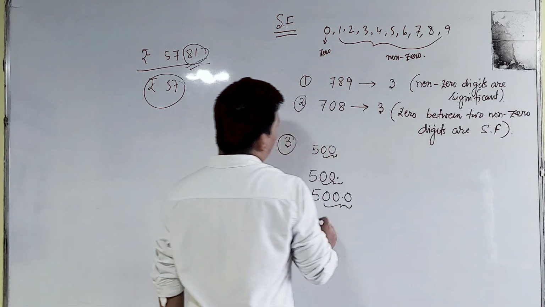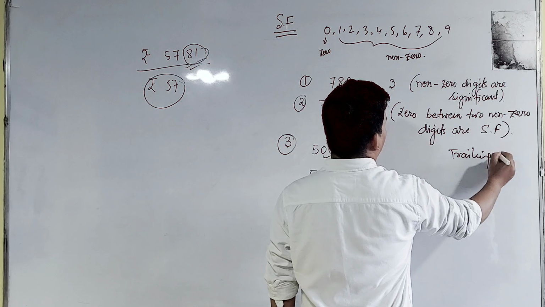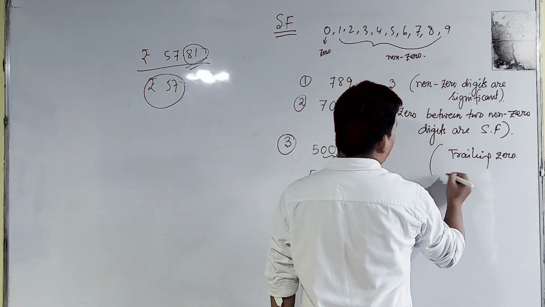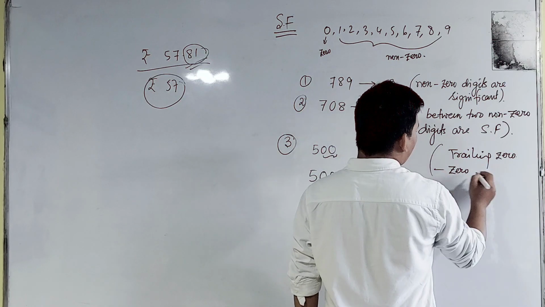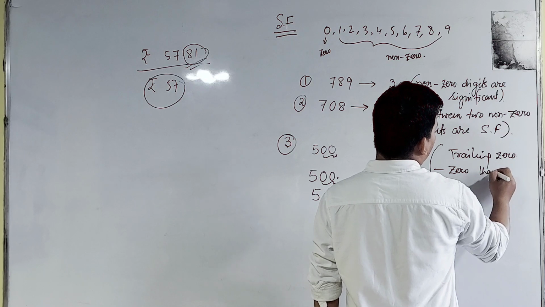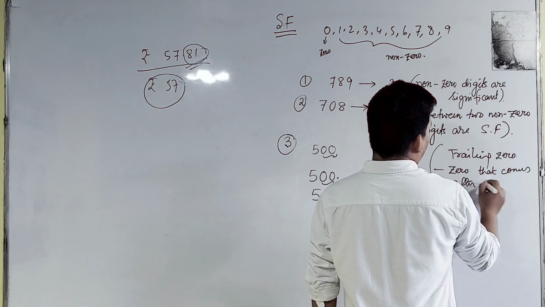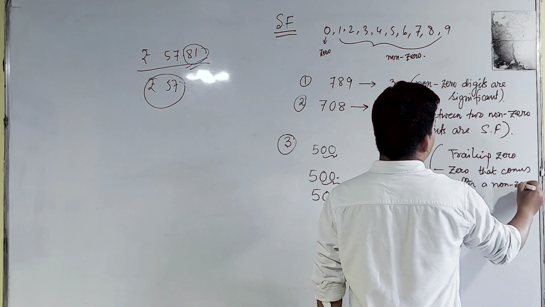So these are the examples for trailing zeros. Trailing zeros means the zeros that come after a non-zero digit.